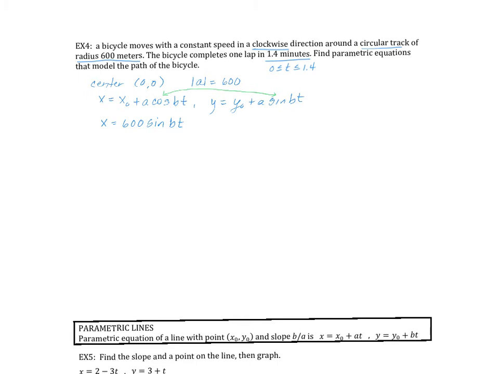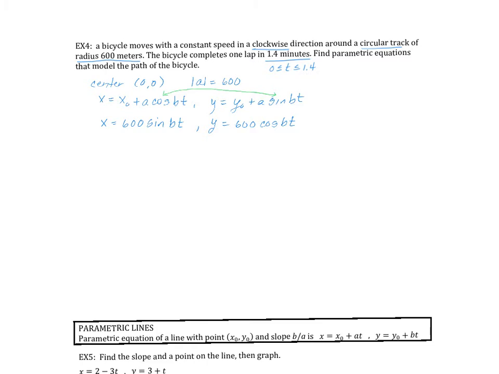They're going from 0 to 1.4. So to adjust for that, I have to solve for that b value. My y value is going to be 600 cosine of bt.